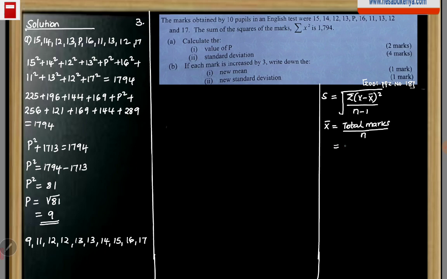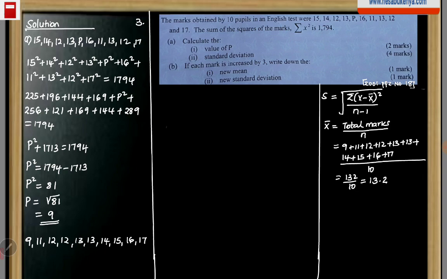So our total marks will be 9 plus 11 plus 12 plus 12 plus 13 plus 13 plus 14 plus 15 plus 16 plus 17 and then we divide by 10 because the marks were 10. So this will be equal to 132 over 10, which gives us the mean as 13.2.